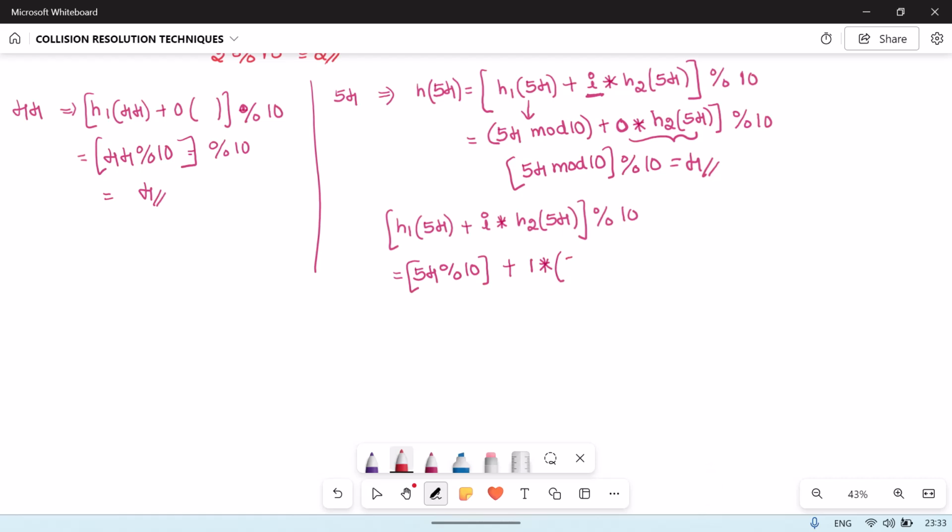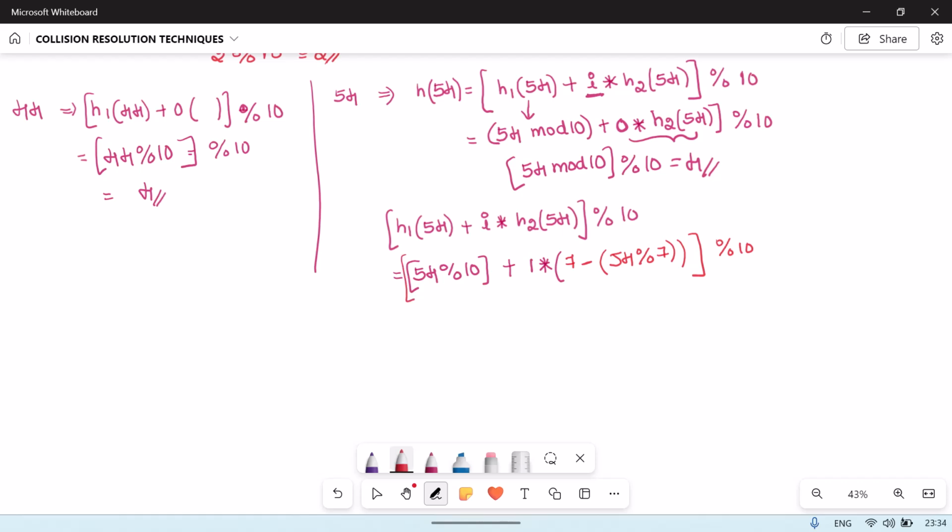Prime is how much? Nearest prime is 7. So 7 minus K mod 7, so 54 mod 7. The whole thing has to be taken mod 10.